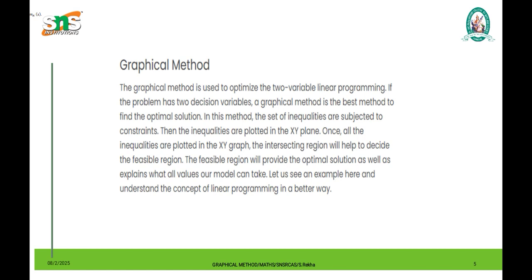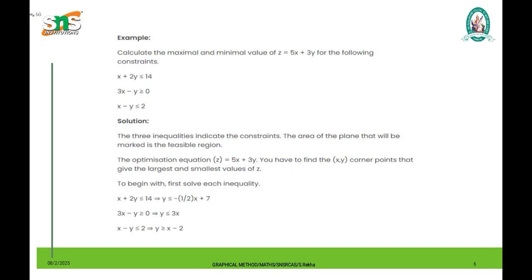The aim is to find the optimal solution, and the set of inequalities is subject to the constraints. The inequalities are plotted on the xy plane, and the intersecting region helps us decide the feasible region. Let us consider one problem.